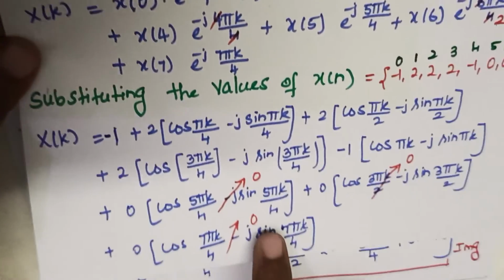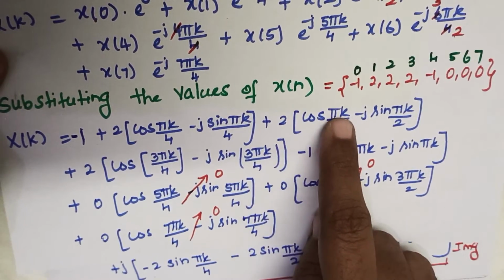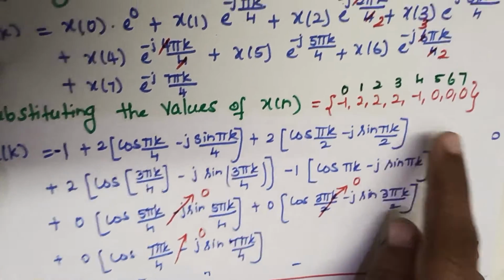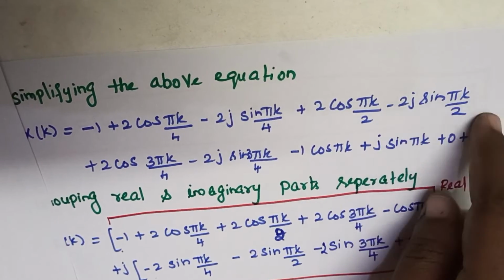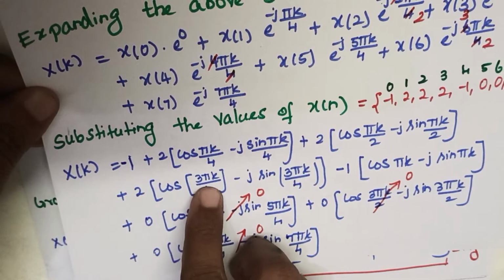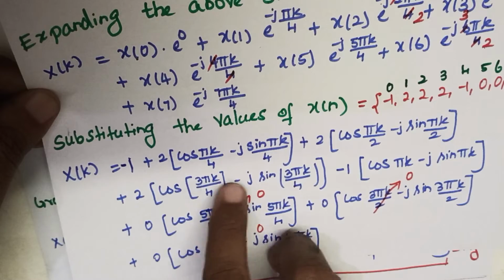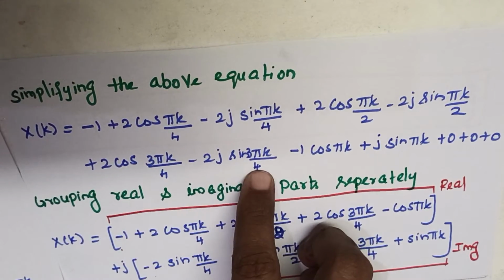Likewise, the next term here is 2 cos pi k by 2 minus 2j sin pi k by 2, which we have written it here. So in all the terms, we are multiplying this 2 inside. So 2 cos 3 pi k by 4 minus 2j sin 3 pi k by 4. We have written it here.